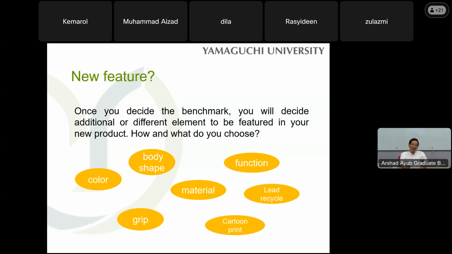Let's say the new feature may be color. If there is no red color available with the benchmark pen, you can consider featuring red or more colorful colors, either rainbow color or something, as the new additional feature.